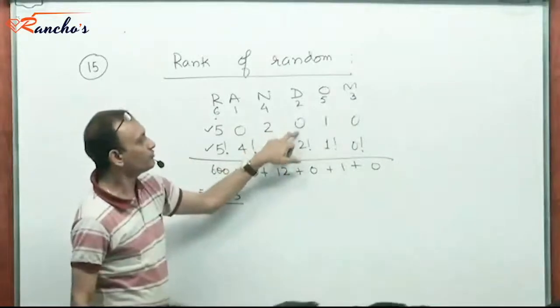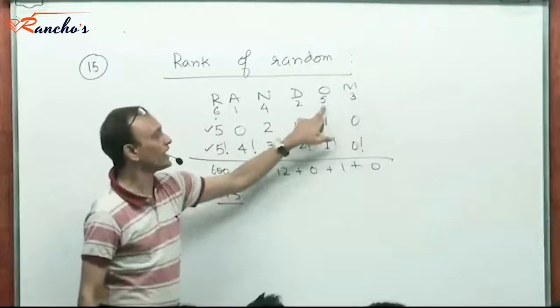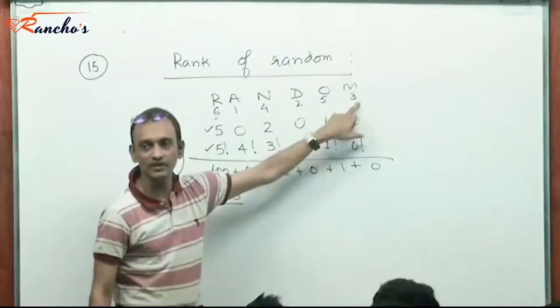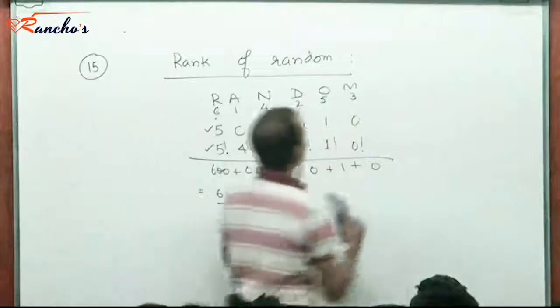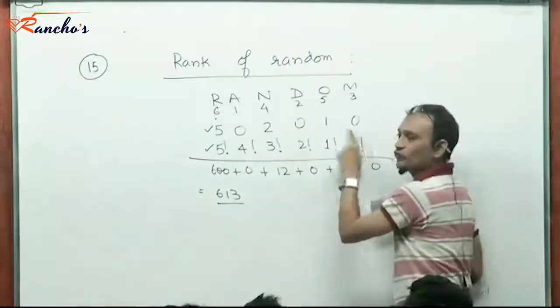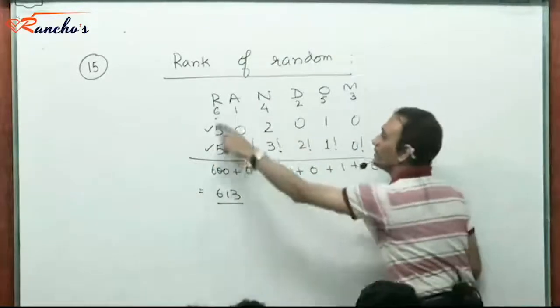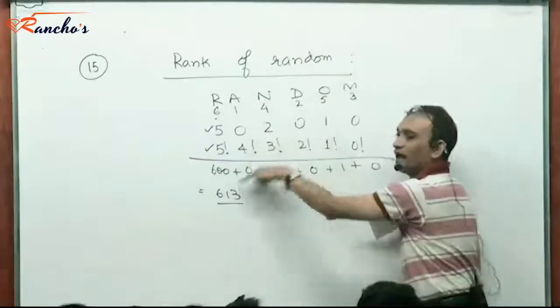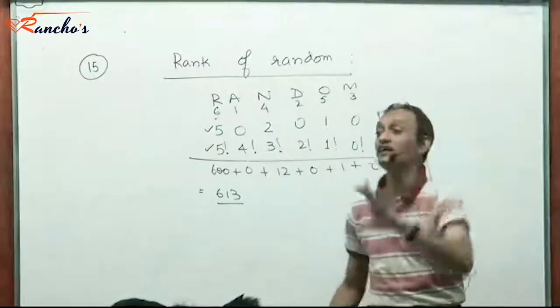To the right of this, how many numbers less than 2? 0. To the right of 5, how many numbers less than 5? 1. And then 0. Right? Once you do this, then all that you do is below this 0 factorial, 1 factorial, 2 factorial, 3 factorial, 4 factorial, 5 factorial. Multiply these out and add. And then eventually you get 613, add one more to get the rank.